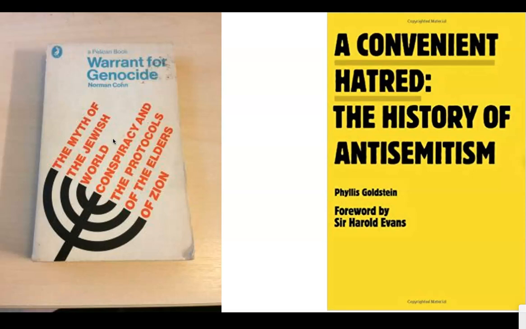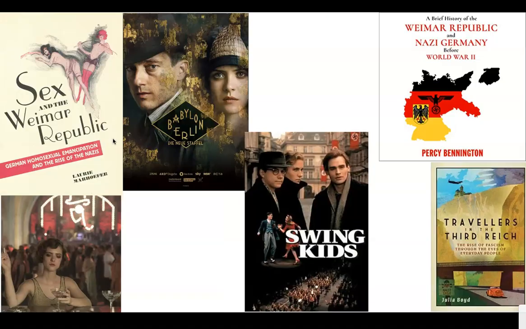It was a conspiracy about a global Jewish cabal running the world, and it became extraordinarily popular, spreading across the world through conspiracy theories. The history of anti-Semitism provides many examples of atrocities being committed.